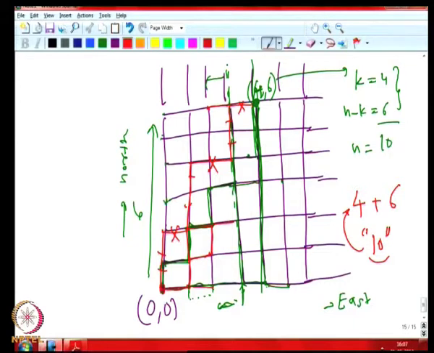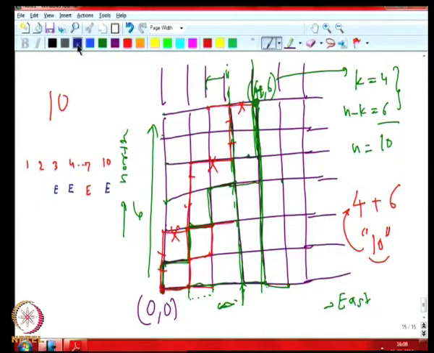I have to anyway take 4 kilometers eastward. The question is, out of the 10 units I take, I arrange them like the first unit, second unit, third unit, fourth unit, and finally the 10th unit. Out of this I can say that I will take east at the third step, and then say the fourth step also east, the 7th step also east, and the 10th step east.